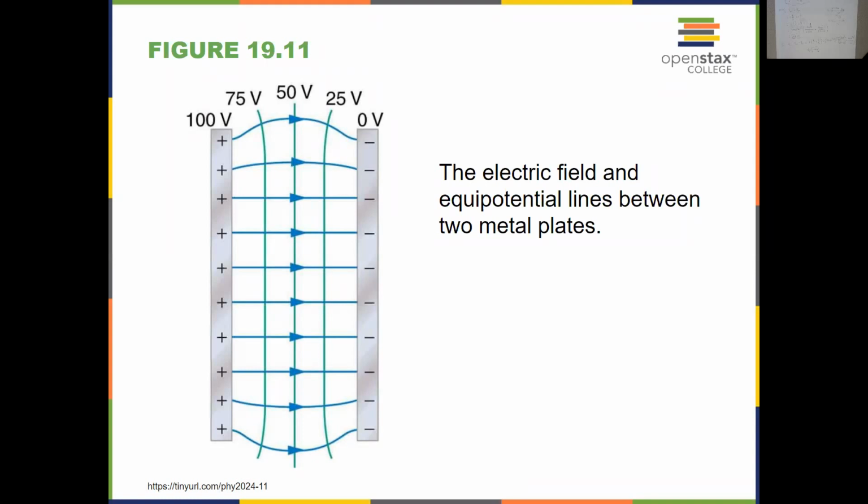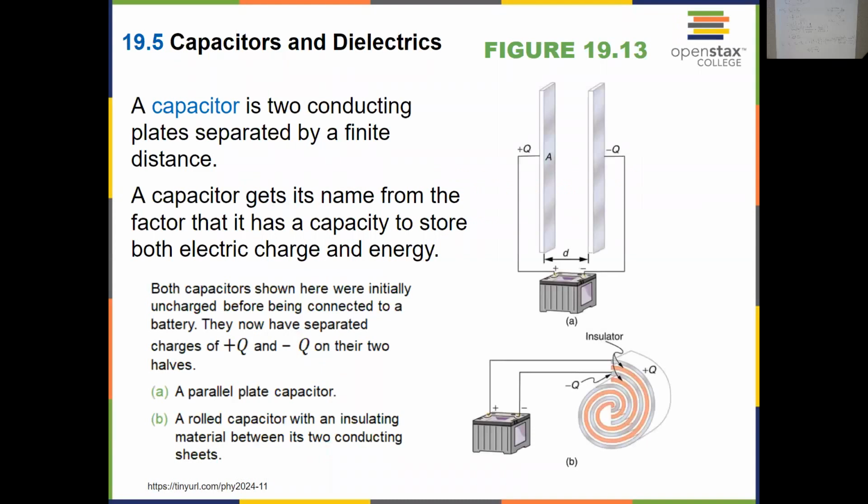Okay, if not, let's move on to the next section on capacitors and dielectrics. After electricity was discovered, people started to use electricity. But one important issue is how you can store electricity.